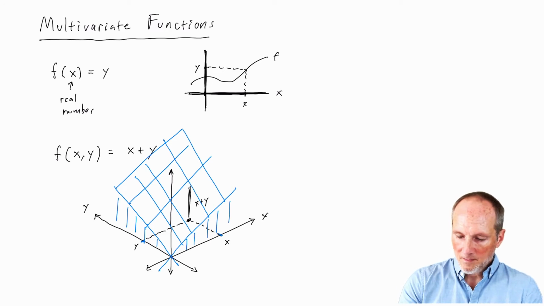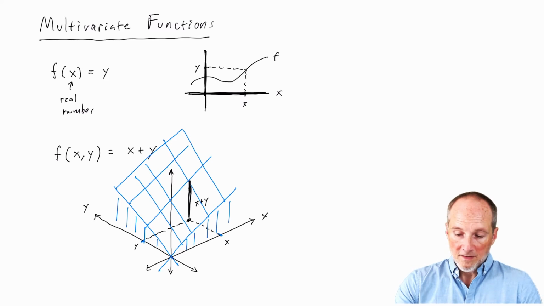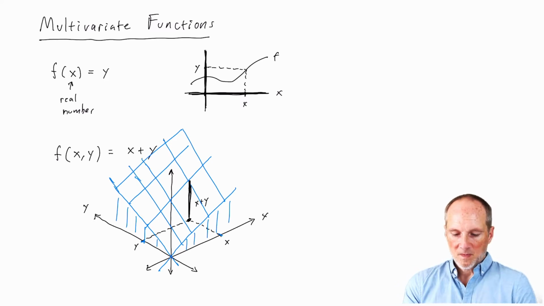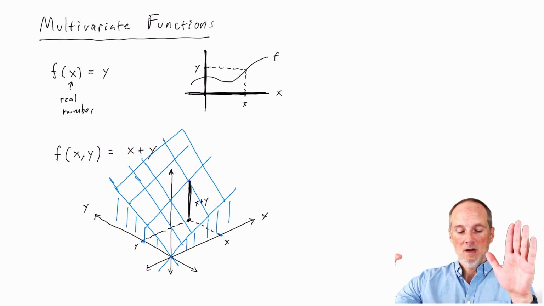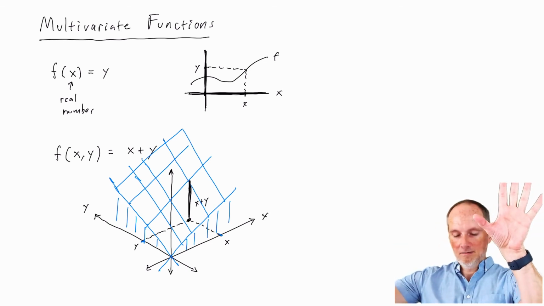And looks like I'm a little bit off here. And so if we were to try to visualize what the graph of this function looks like, it looks like this ramp that is flat but tilted up and extending forever.